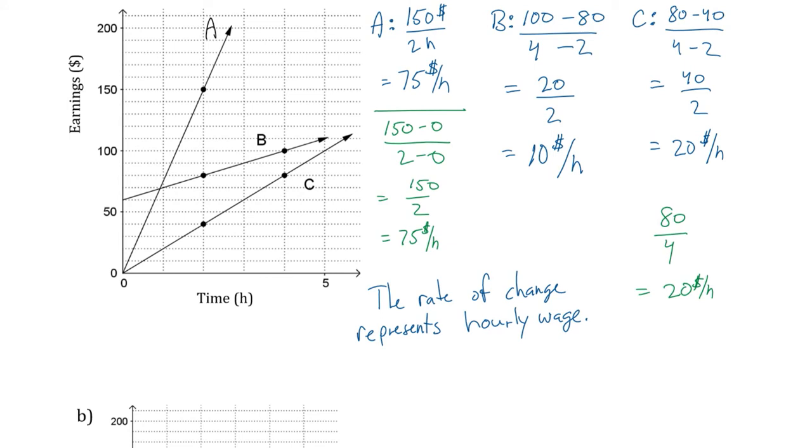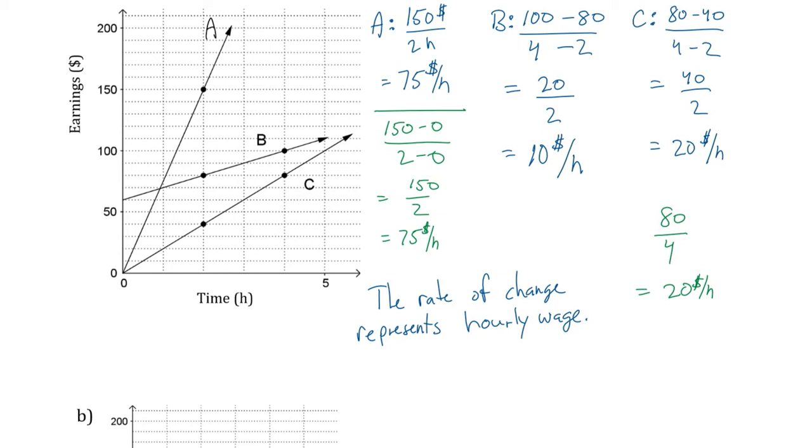It's tricky because people will say how much they make. Well, that's not true because the rate of change isn't how much they make. That's the total amount that they make. That depends on how long they worked, depends on their hourly wage, but also depends on if they got any money up front, like the person in B did. The rate of change is just the part that's changing. And in this case, it's the hourly wage.